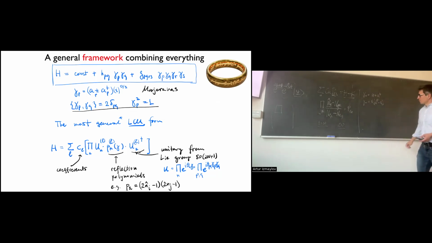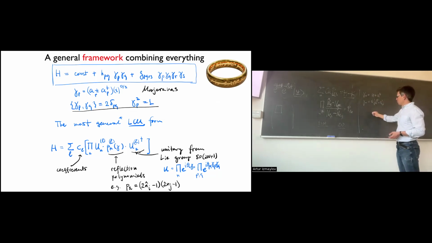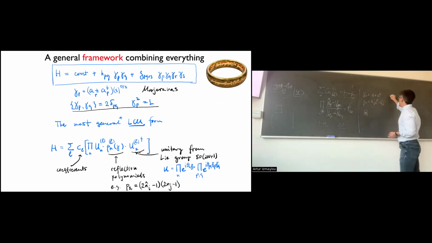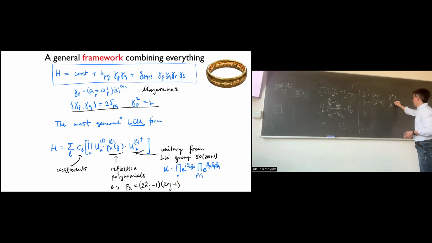Of course you can recombine these two into A and A daggers, but the nice thing about Majoranas is that they are reflections by construction, and also they have this nice property of anti-commutativity: the anticommutator of gamma p and gamma q is 2 delta pq. And with this, they form a Clifford algebra.